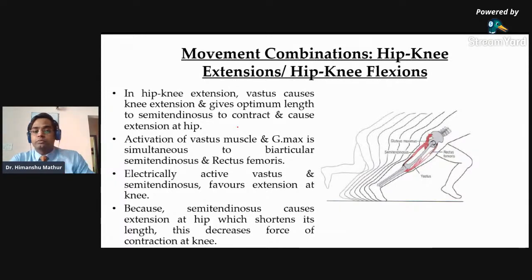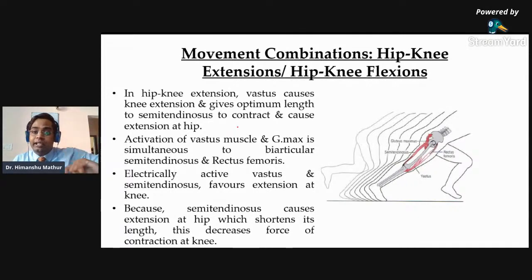Now, which muscles are responsible for the extension of the hip? That is your gluteus maximus and hamstring. Gluteus maximus and hamstring are causing extension at the hip joint. Now, classically, whenever hamstring is contracting, it must cause a flexion at the knee joint also. But whenever the hip is going into extension, the length of the rectus femoris muscle is also challenged.